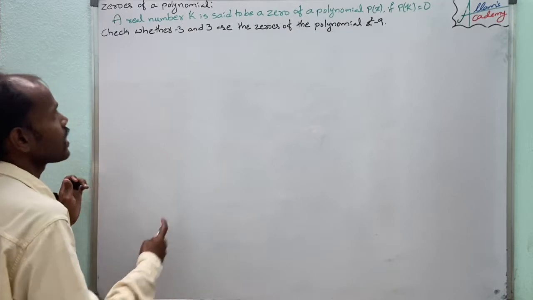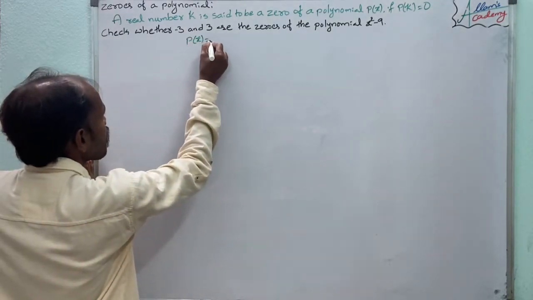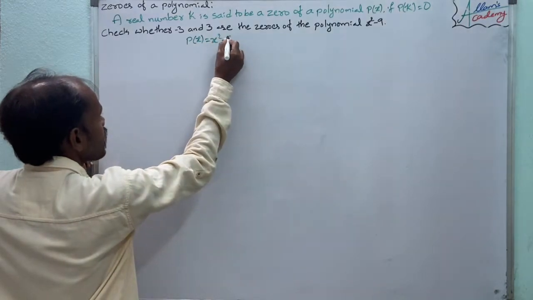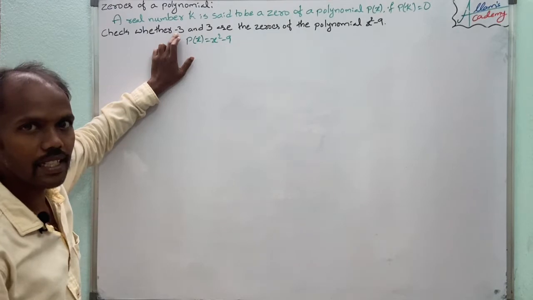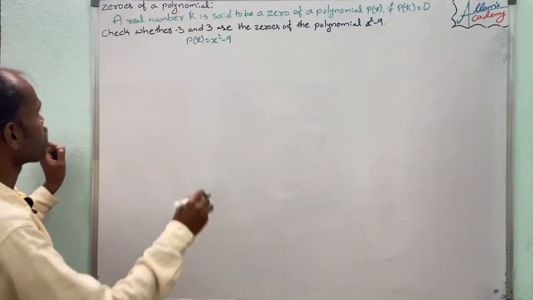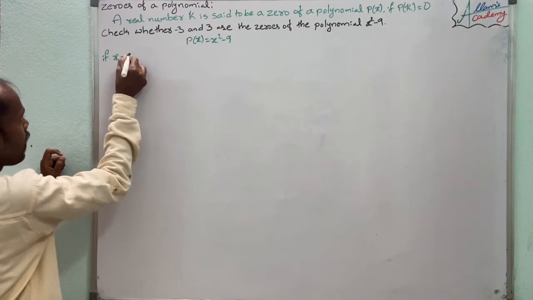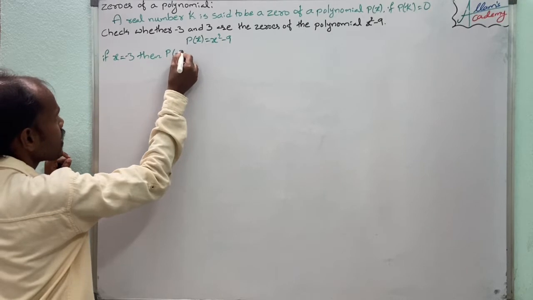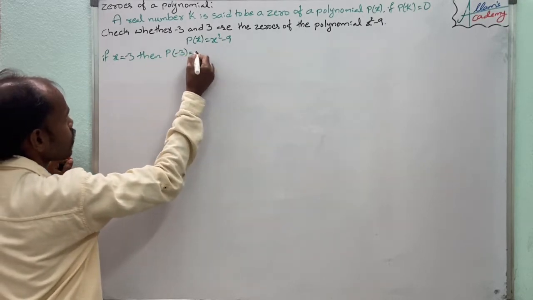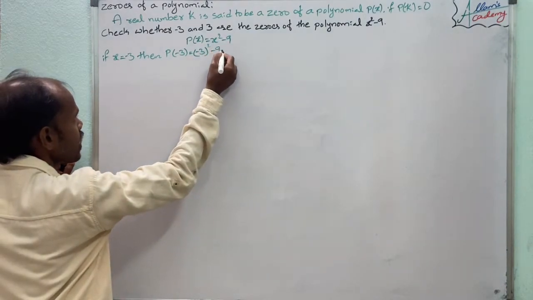So now we are checking. The given polynomial p of x equal to x square minus 9. Now we substitute in the place of x minus 3 and next 3. So first minus 3 substituting. If x equal to minus 3, then p of minus 3 equal to, x is minus 3 whole square minus 9.